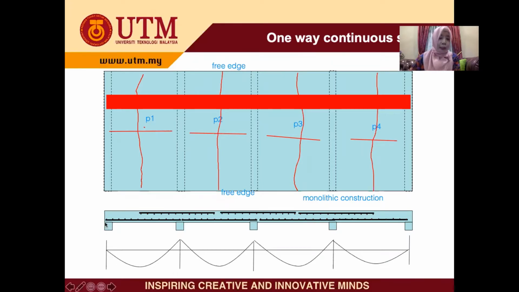If you assume that at the end here, the end support is pin, it means we don't have moment. So the moment is 0 here. We assume that this point is pin, so moment is equal to 0.